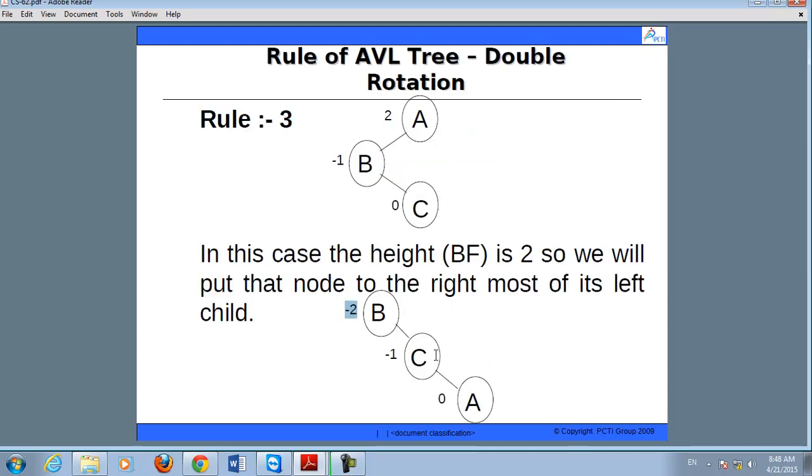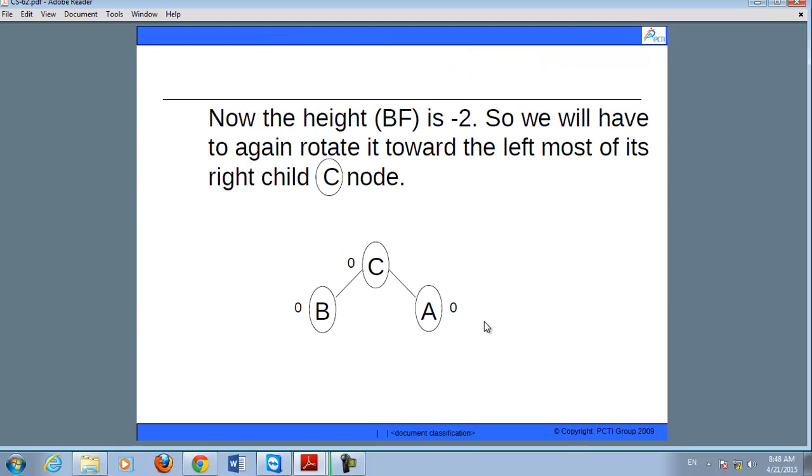Now if we rotate it, it means C will come at the root position, B will come at the left side and A will come at the right side. You can see here, this is double rotation. It means if you don't get the balanced tree by single rotation, then you have to perform the rotation again and again till you find the balanced tree.